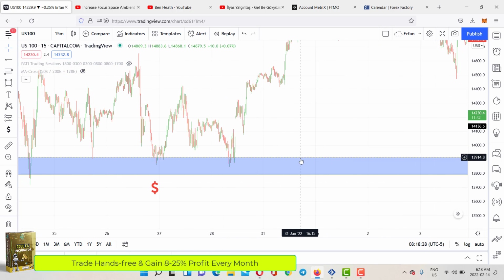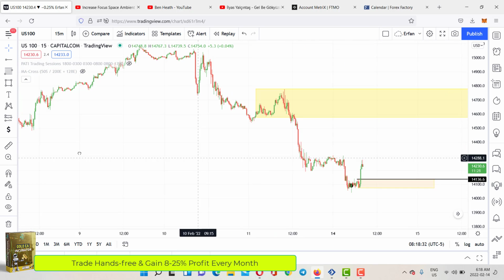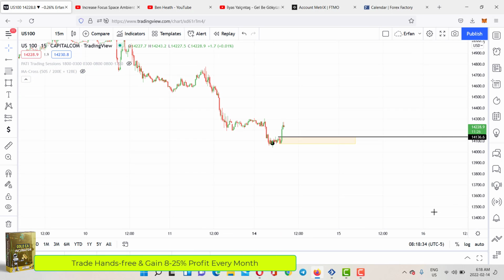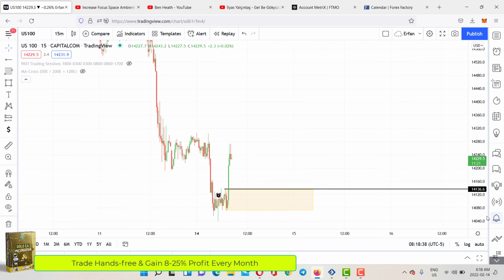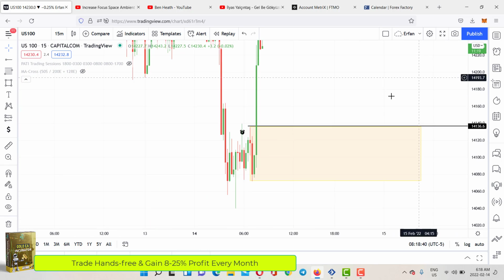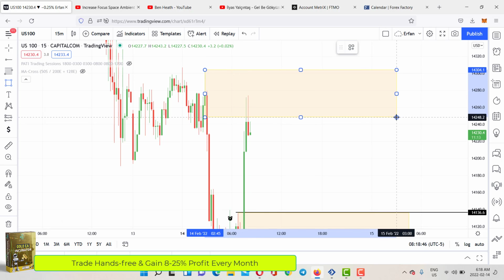Okay, so this one, liquidity here, but there's no point really. We have a big bearish trend here, and look at this huge spike. And oh, look at this, guys, high probability order block here, from here to here.